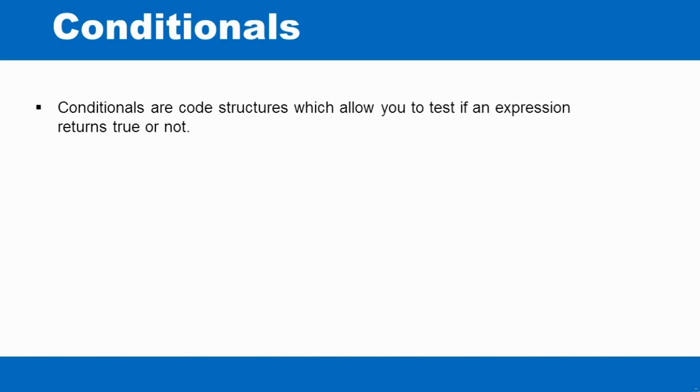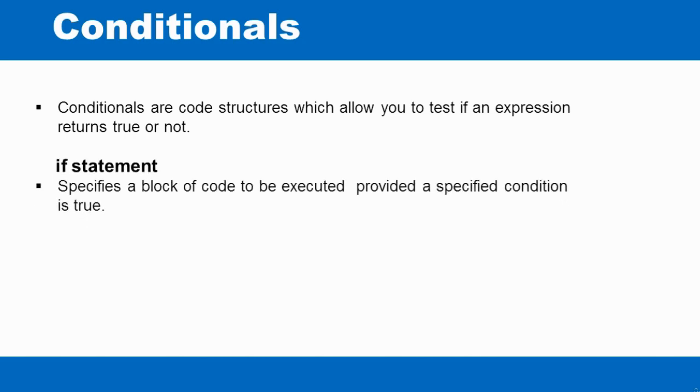The common conditional statements are an if statement. Basically, an if statement is used to specify a block of code that will be executed if a specified condition is true.